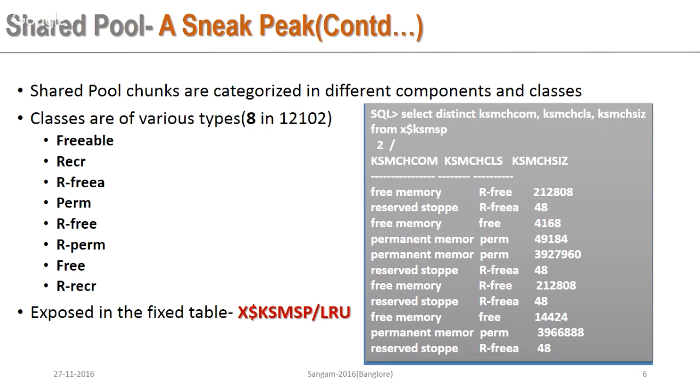And this is a table which is highly not suggested to be accessed on a production system, because Oracle doesn't release the latch until the entire structure has been accessed. So it's not a good thing to access this table on a very busy production system. It may cause the entire system to hang.